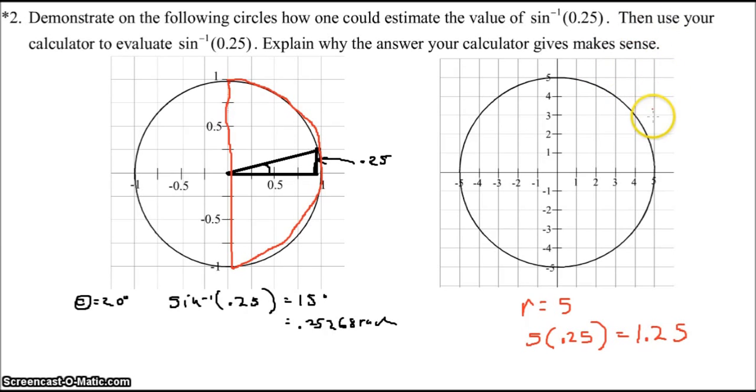So really what we're looking for is at 1.25, what is the height? And of course in this situation 5 times sine of theta would give us 1.25. And so sine of theta would be 1.25 over 5, and then theta would be the inverse sine of that, which is just 0.25, and we'd get the same radian measure, 0.25268 radians.